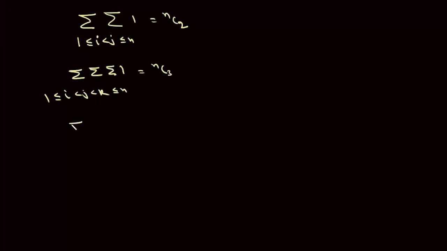And if we have this summation 1 less than or equal to i1 less than i2 less than ir is less than or equal to n, 1, then it will be simply nCr.